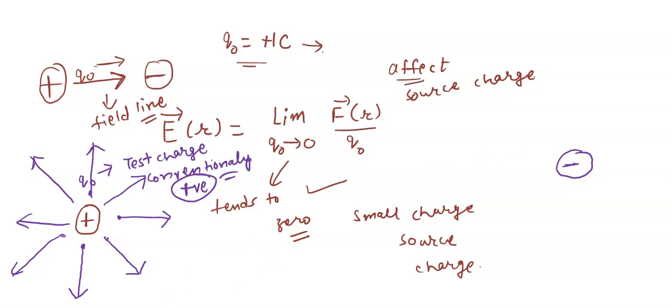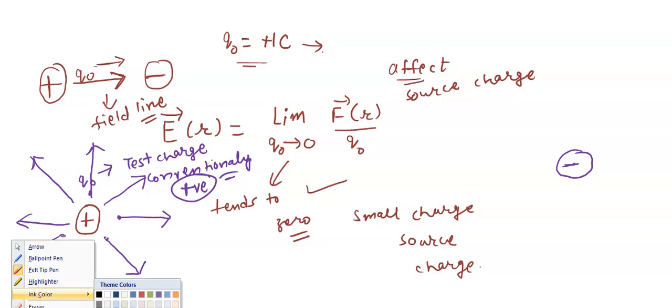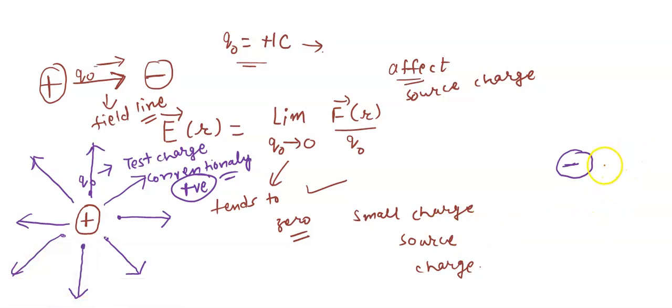Now if we want to draw it for a negative charge, this is the negative charge. So when we keep a positive test charge here, an infinitesimal charge, it will be attracted towards the negative charge like this, like this, like this.